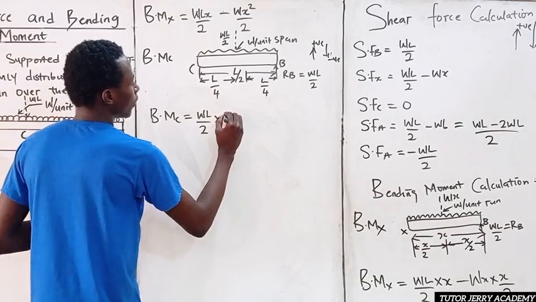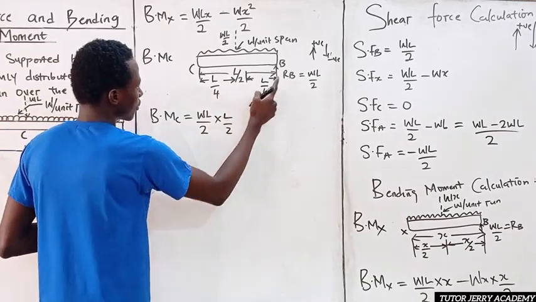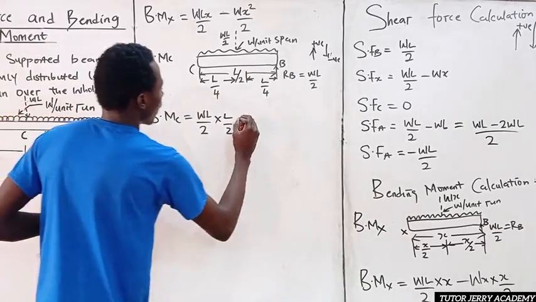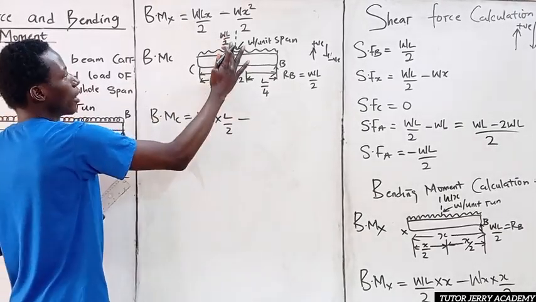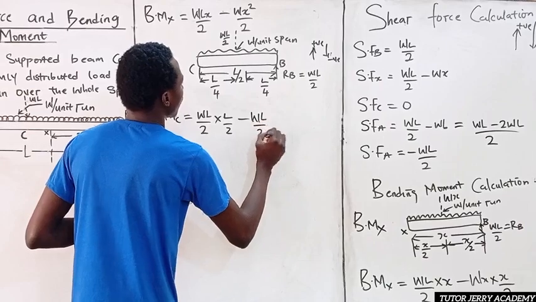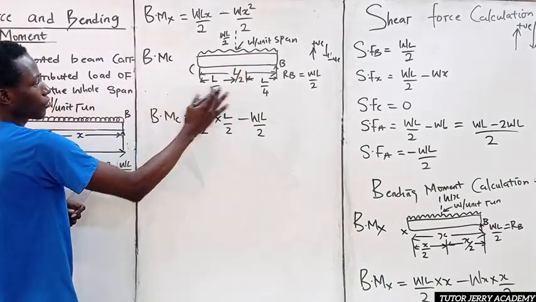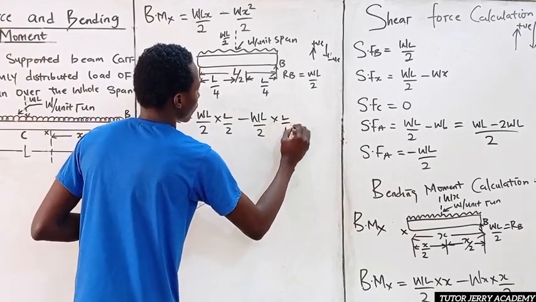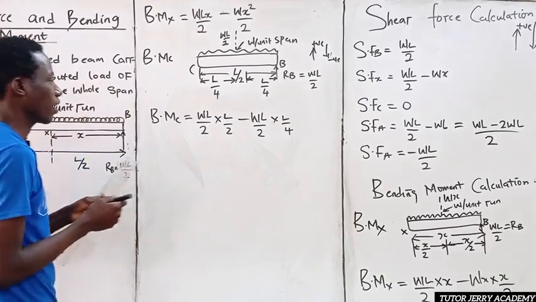So we have L all over 2, which is the distance from here to here. Minus WL all over 2, which is acting downward, multiplied by its perpendicular distance, which is L all over 4. So this is what we have.